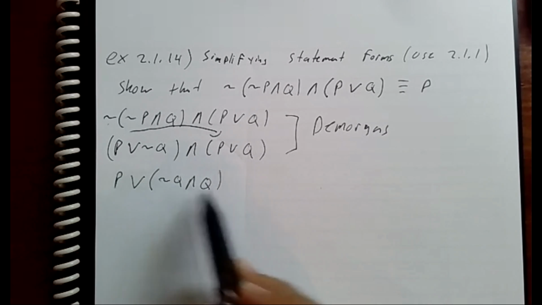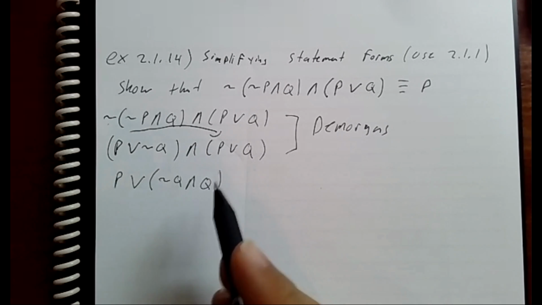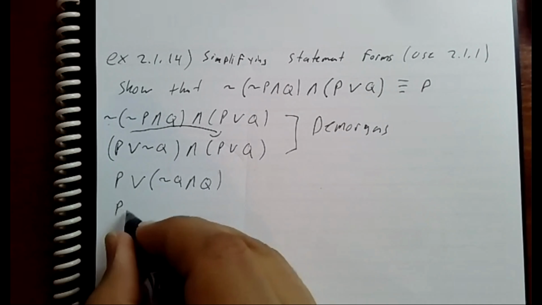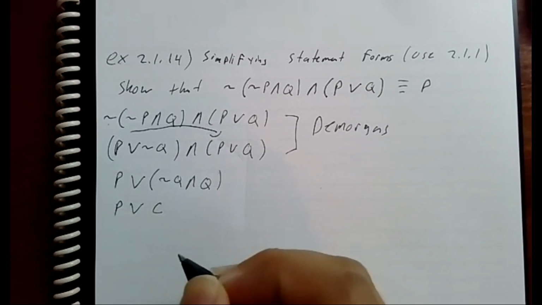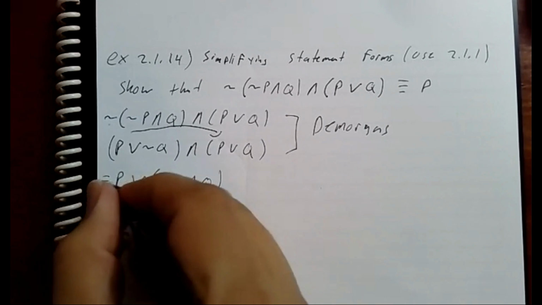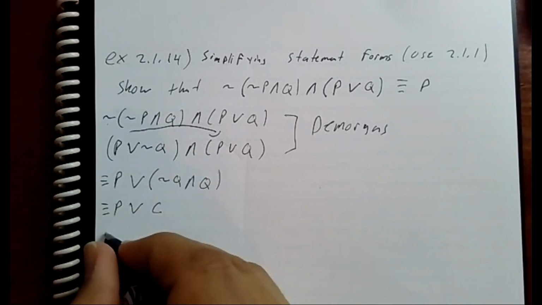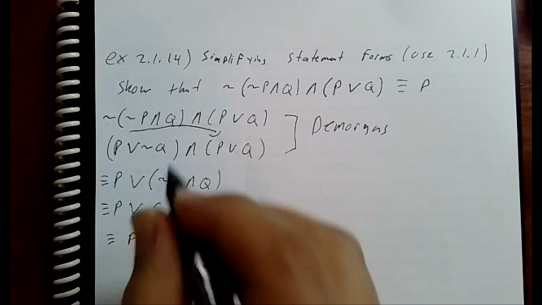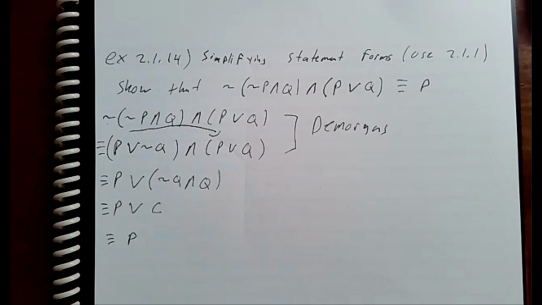Because not Q and Q is a contradiction, right? Remember we said that? So that would be P or C, which would mean it is equal to P. Then that's what we wanted to show.